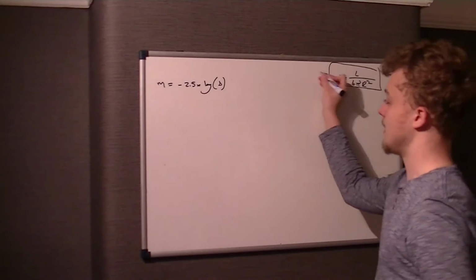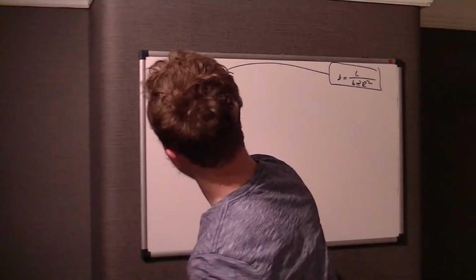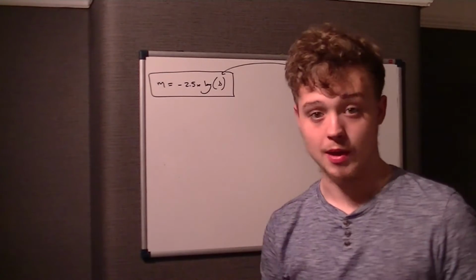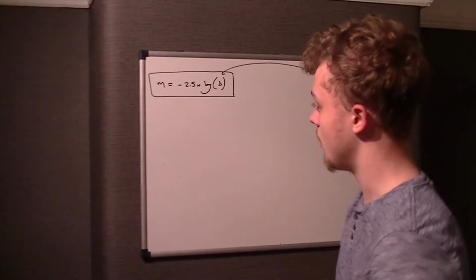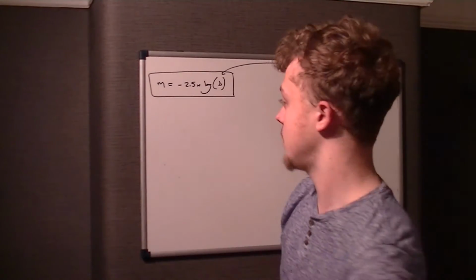So obviously you could just input that into this equation, but we're not really bothered about that. So that's the apparent magnitude of one star. But if we're comparing two, well, we just take two of these equations away from each other to work out the difference, okay?